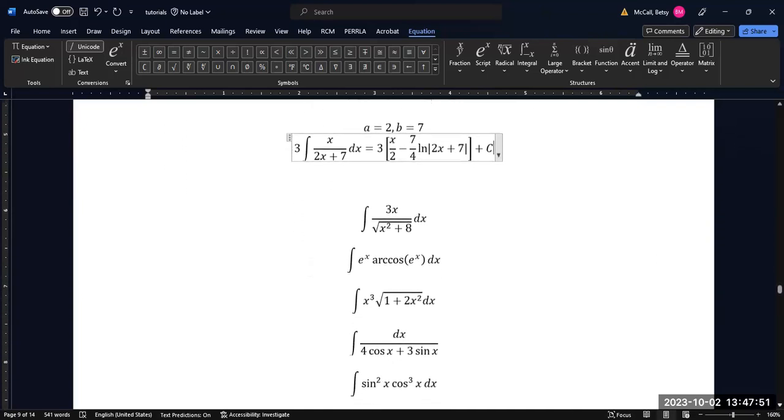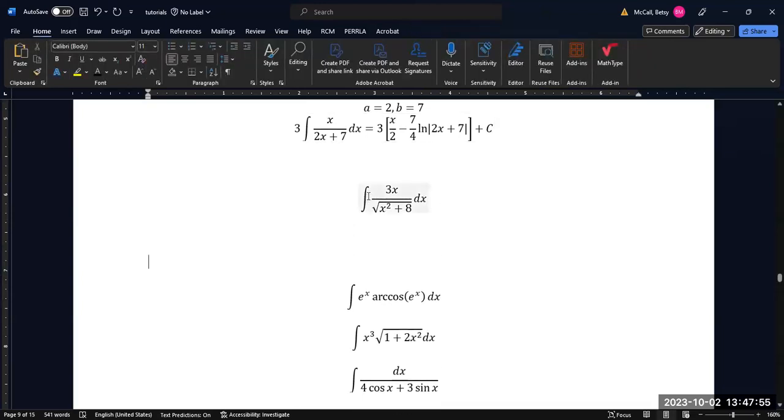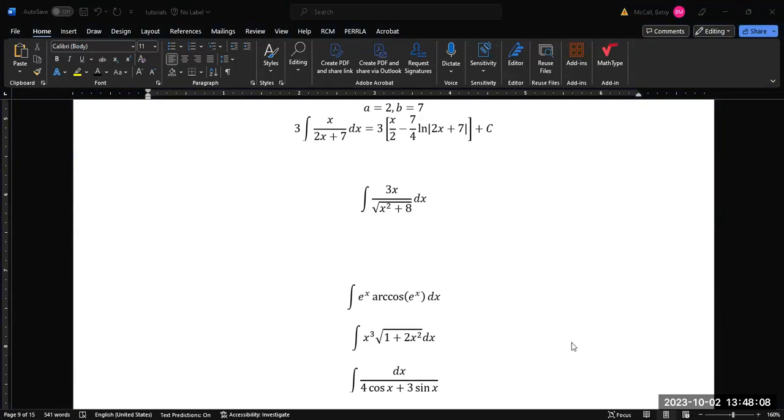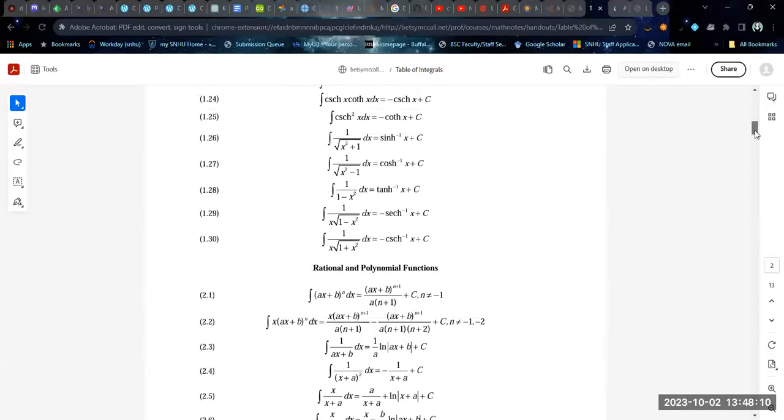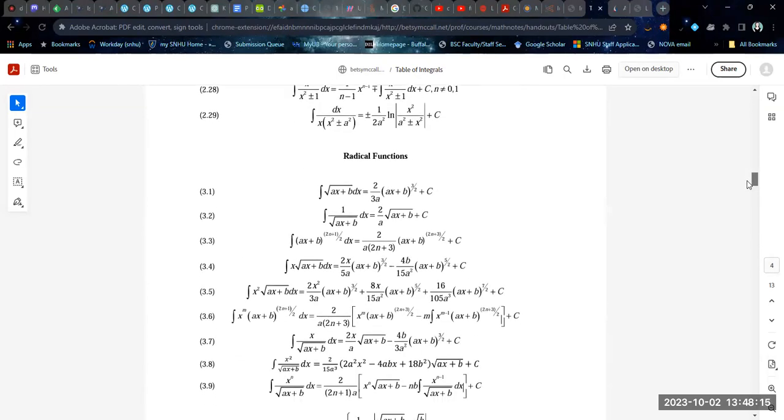So we've got another one that uses a different part of the table. So let's look for this one. This one is going to be in the radical section, and we're going to need a sum of squares in the denominator. So we go back to our table. Let's see, the radical section is after this one, radical functions.